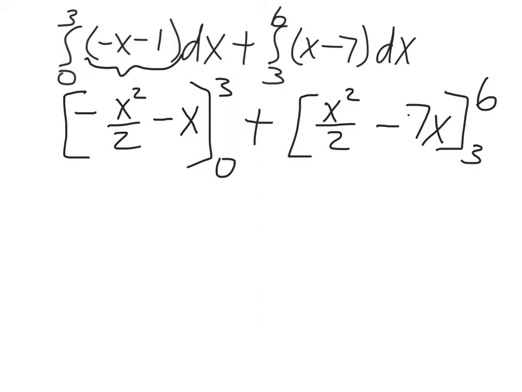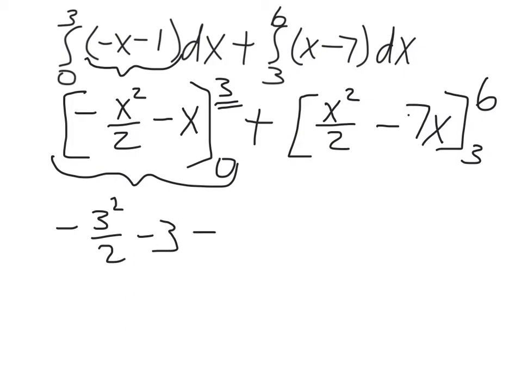Well, the fundamental theorem tells us to do what once we get to this point? Do we start with 0 or do we start with 3? Okay, we start with the top one, f of 3. So plug 3 in for x. Then we subtract f of 0.